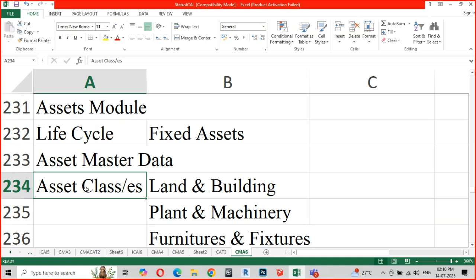Just like your general ledger account master is referred to as the chart of accounts, similarly, your asset master records are referred to as your asset classes in SAP. This is the first concept you need to be exposed to. Clear?